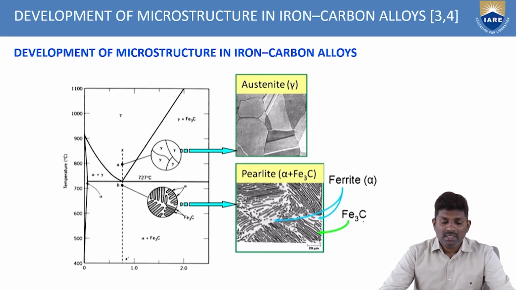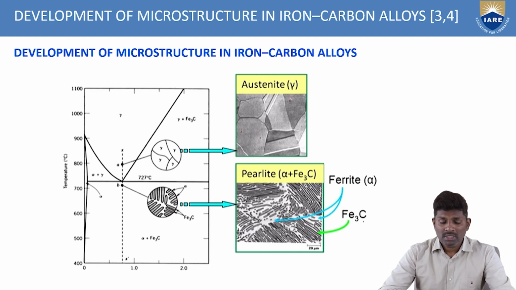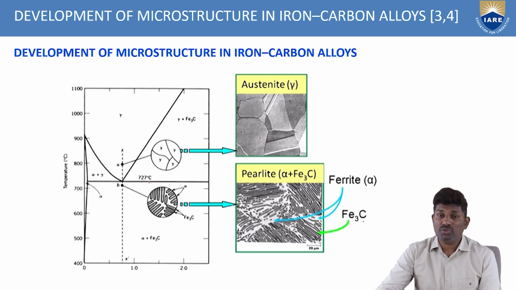Now if you see in this figure or the phase diagram, you can clearly see what is the transformation of the microstructure. So initially it was austenite. You can see the solid things, and which is having very less percentage of carbon, the black dots. Now after reaching up to 727 degrees centigrade, there is no transformation in that microstructure.